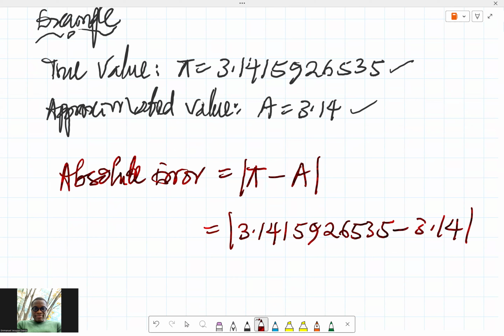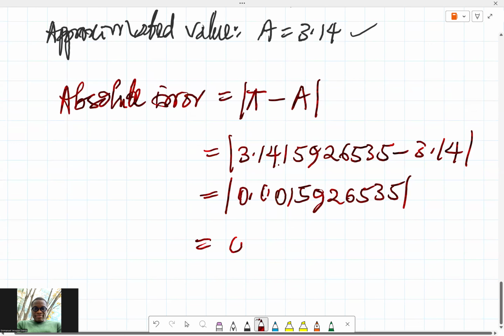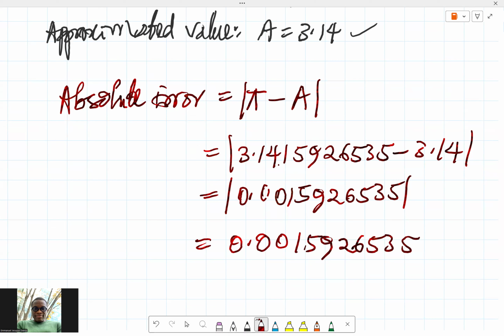That gives 0.0015926535, because every other thing goes to zero. So the absolute error is 0.0015926535.